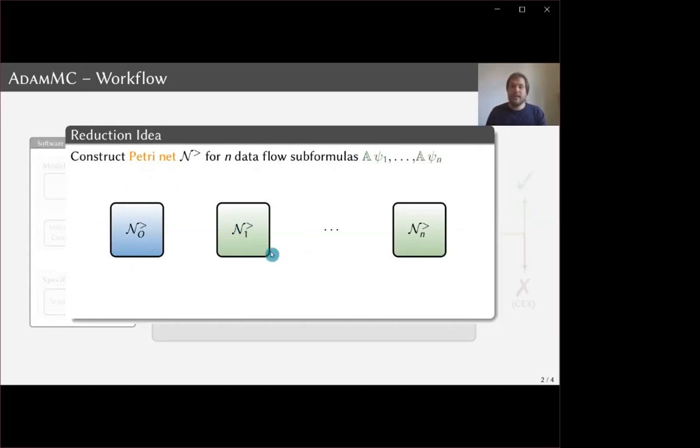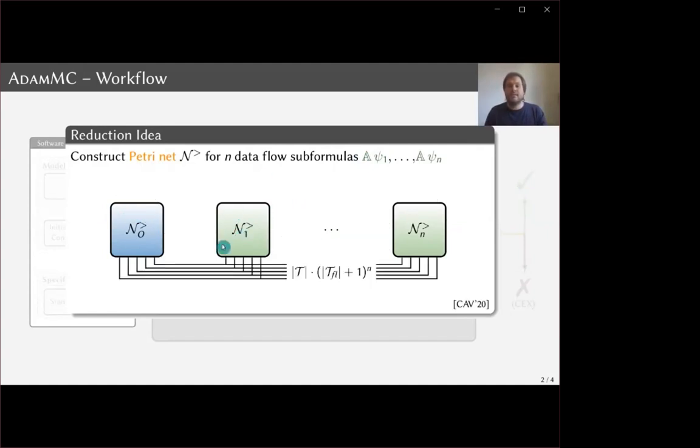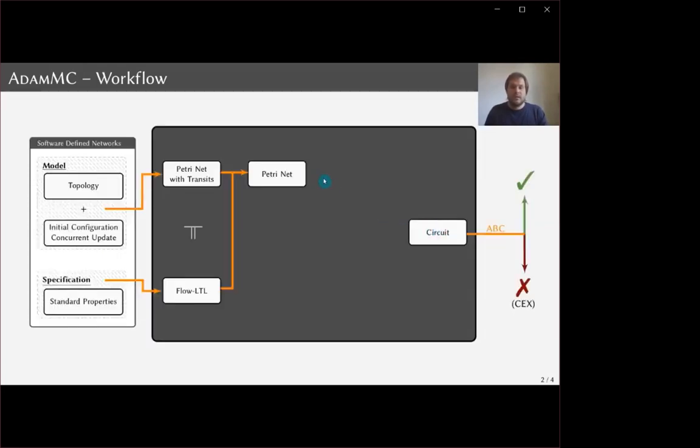And we have 2 different approaches to combine these nets. On the one hand, there's the sequential approach here, and on the other hand, there's the parallel approach. Corresponding to that, we also create a standard LTL formula out of the flow LTL formula to take care of all these additional steps and the subnets which we saw before.